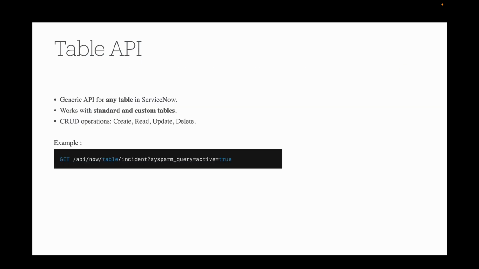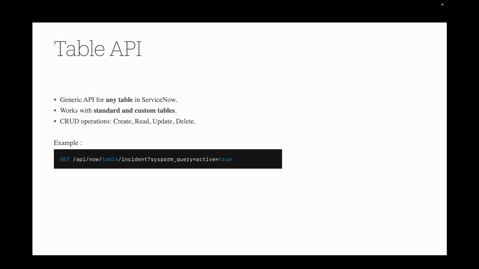The first one is the table API. So table API is a kind of out of the box API that ServiceNow provides. Its features include it works with standard and custom tables. That is, you can perform CRUD operations. Those are create, read, update, or delete operations on any ServiceNow table using out of the box table API.